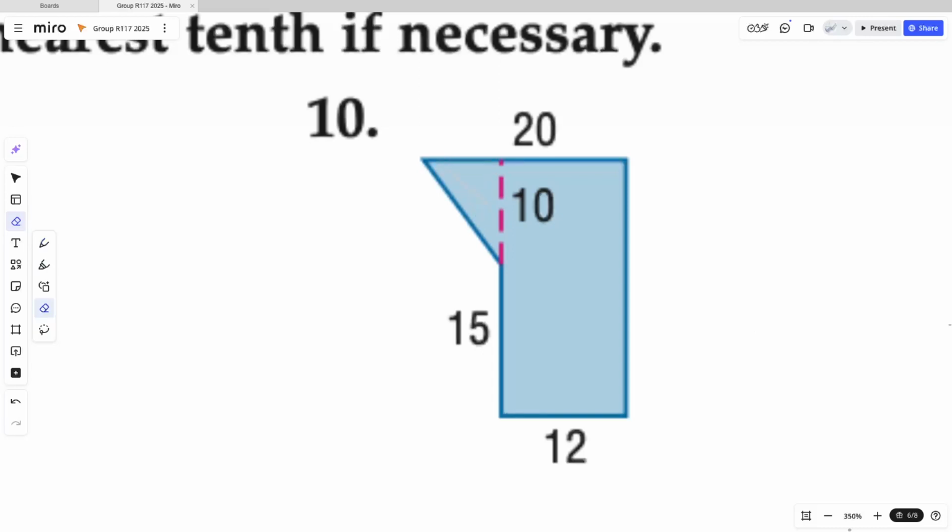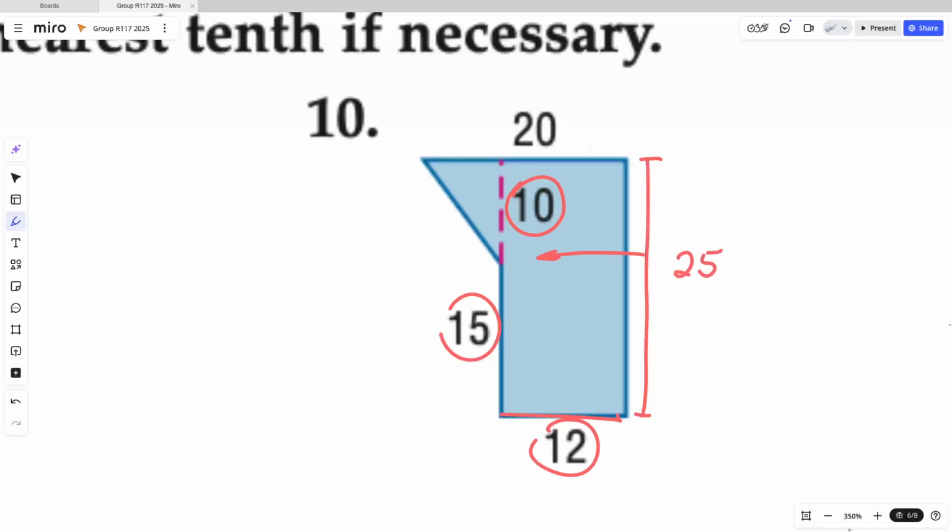Let's see. All right, let me start with that rectangle. I'm looking at the base and I'm looking for this height. So I'm going to look on the other side of the rectangle. And I see 10 and 15, so I make that 25. So I've got the rectangle worked out, and I'm just going to look at this triangle.